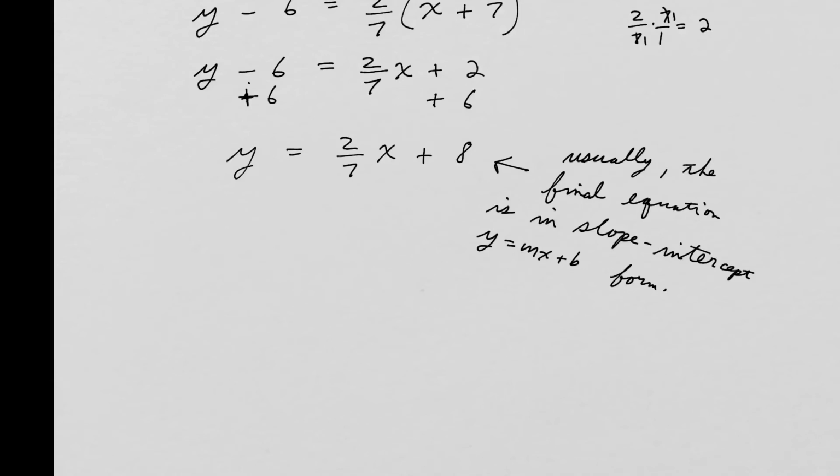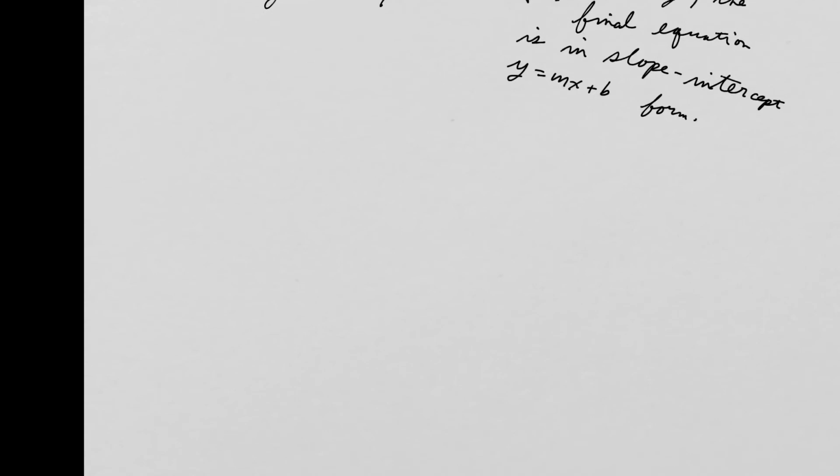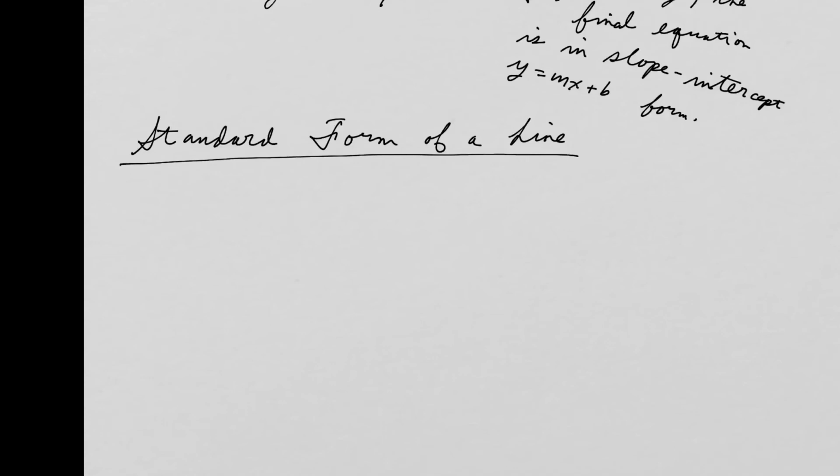Okay, another form of the equation of a line is called the standard form. The standard form is this form: ax plus by is equal to c, where a, b, and c are just real numbers.